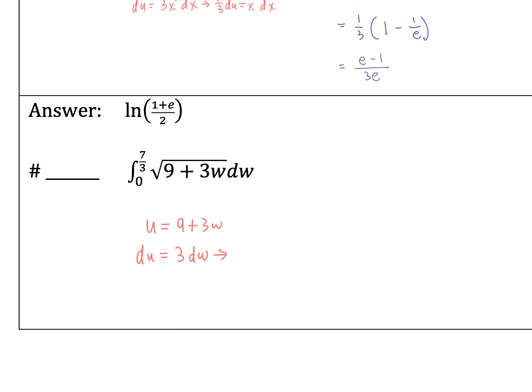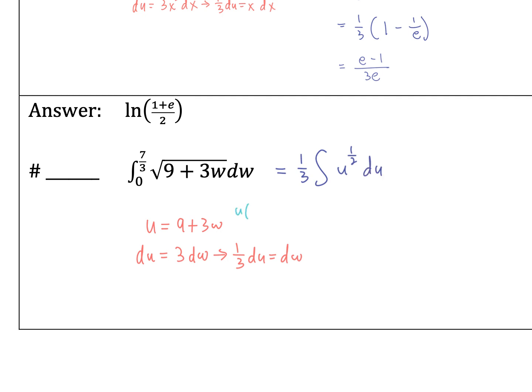There's no 3 in the problem, so we'll get rid of it. We'll substitute and pull out the third. When we substitute, technically this will be a root u, but I'll change it right away to a 1/2.